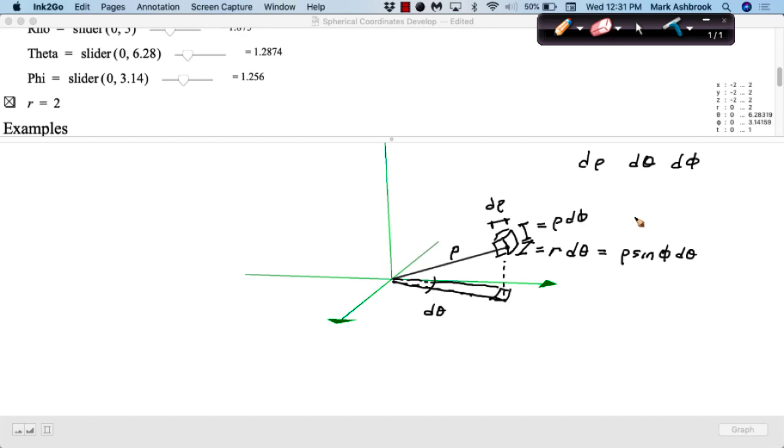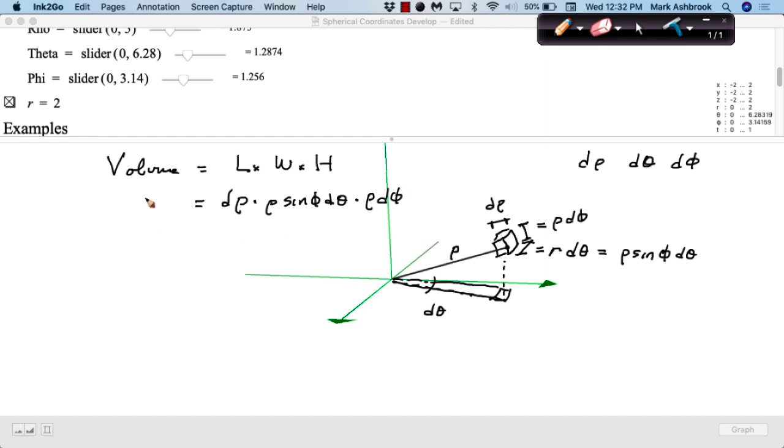So now we've got it. Volume is length times width times height, and we've got all those dimensions. d rho was the first dimension we got, and the second dimension was the width, rho sine phi d theta, times the height, which we'll call rho d phi.